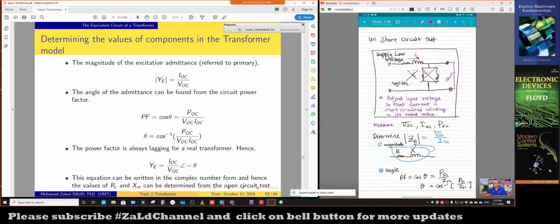So basically apa yang ada voltage across series branch saja, series impedance saja.